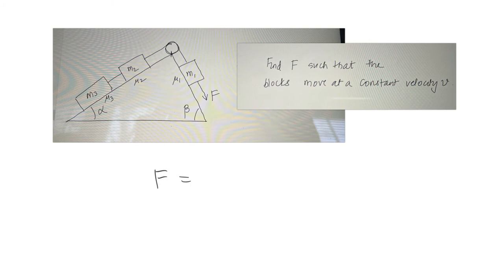All right, so how can I represent that? We could say F, this will be box 3 because it looks like that's what the teacher wants. This is box 2, this is box 1. So we could say the kinetic friction for box 1 plus the kinetic friction for box 2 plus the kinetic friction for box 3.